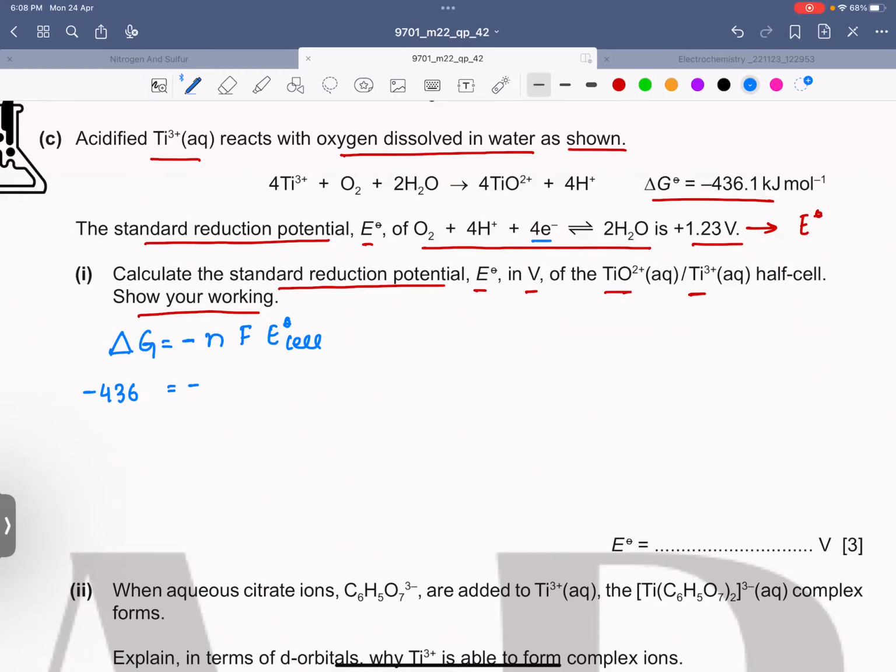If we see in the net equation, here we have a 3 positive charge, and here we have a 4 positive charge, and the moles are 4. So it means in the net equation, the total number of electrons which are changing is 4, right? So the value of n would be 4. Faraday would be 96500 coulombs. And we don't know the E naught cell, right? That we have to find.